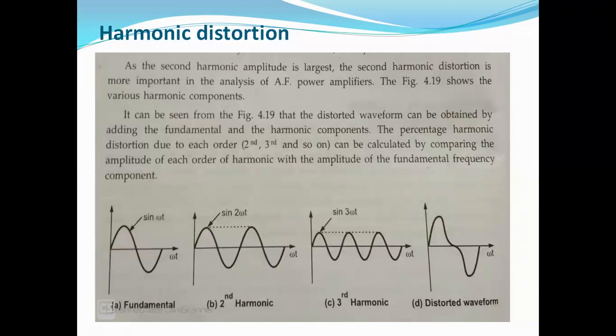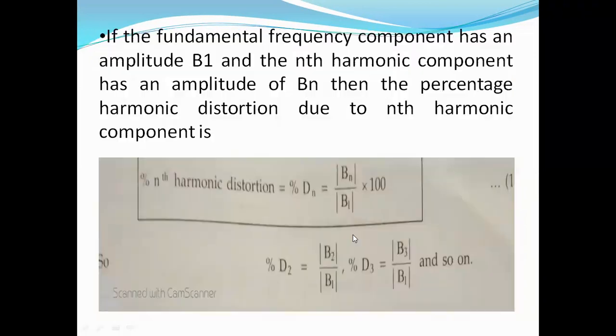At the nth harmonic frequency, the amplitude of that signal is bn. Then the harmonic distortion in terms of percentage due to the nth harmonic component is percentage Dn equal to mod bn by mod b1 into 100.